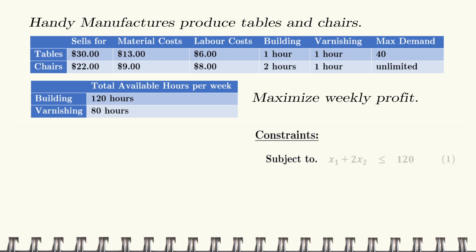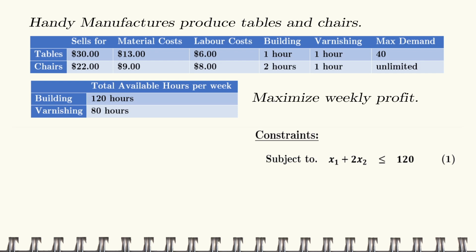We have been told that we have a total of 120 hours per week for building purposes, and every table takes 1 hour to build and every chair takes 2 hours. So 1 times the number of tables, x1, plus 2 hours times the number of chairs, x2, must be less than or equal to the available 120 hours we have for building.